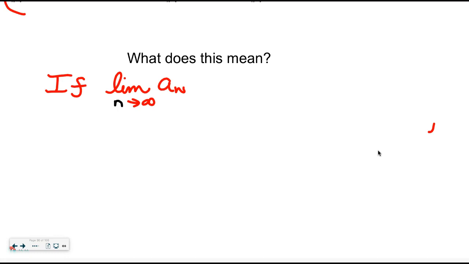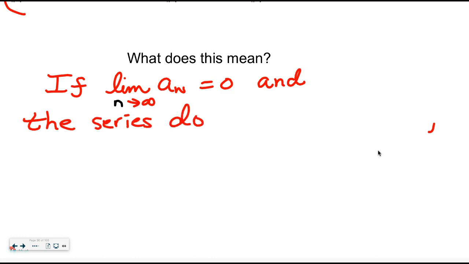So if the limit as n approaches infinity, in the absence of the alternator, equals 0, right? This means you can apply the test, and the series doesn't even need the alternator.